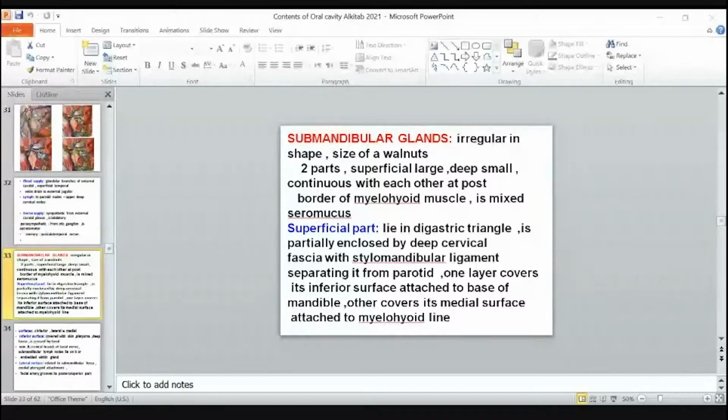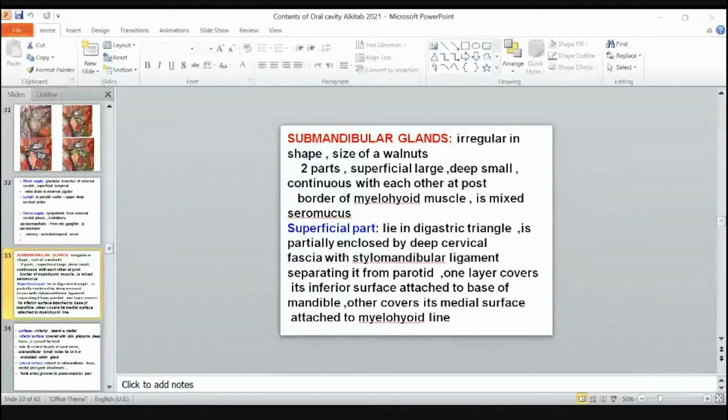Just like the parotid, you have seen that it forms a false capsule, the investing layer of deep cervical fascia, for the parotid gland. The stylomandibular ligament, which is a thickening of this investing layer of deep cervical fascia between the styloid process and the angle of the mandible, forms a line of separation between the two glands.